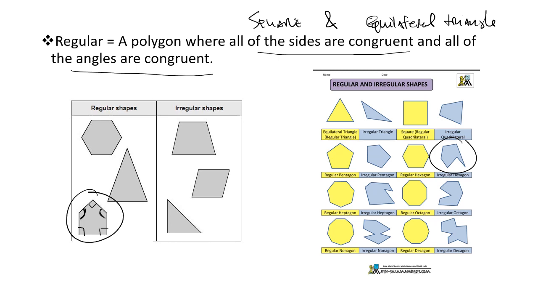So all the angles look like they're not all the same, and the same here. These look like they're congruent to each other, but this one looks like a different length altogether. This does not look equilateral. So just be careful looking online. This was one of the first things that came up when I did a Google image search for regular and irregular polygons. Over here, we've got regular shapes, and two of the three are wrong. So just be careful with that.